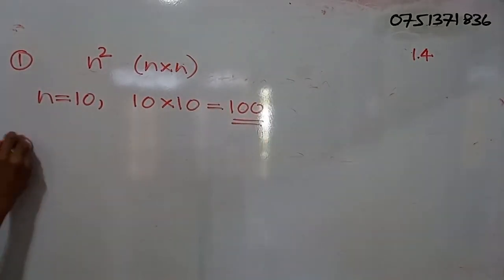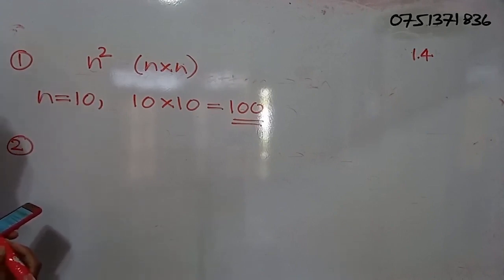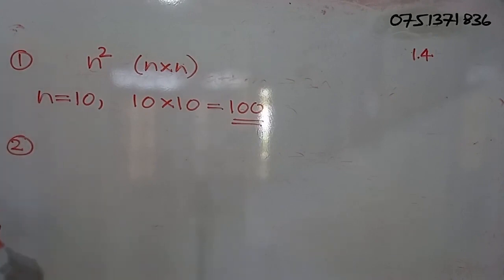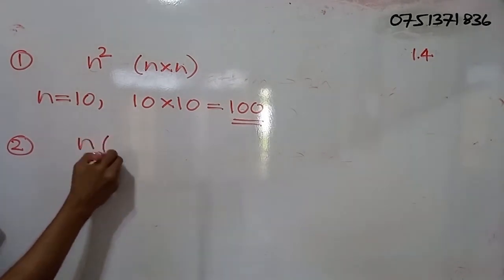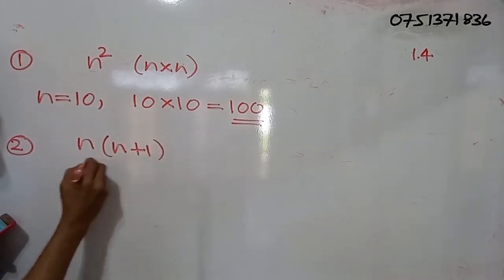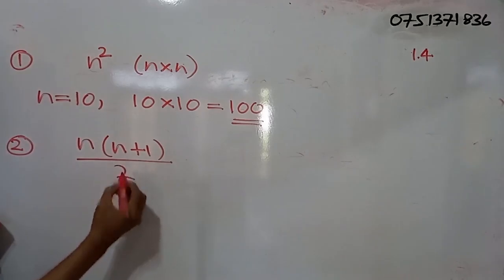Part 2. What is the 10th term of the triangular number pattern starting from 1 and written in ascending order? Right. So the 10th term. When we talk about triangular numbers, we know the general term is n times (n plus 1) within brackets, and the whole thing divided by 2.